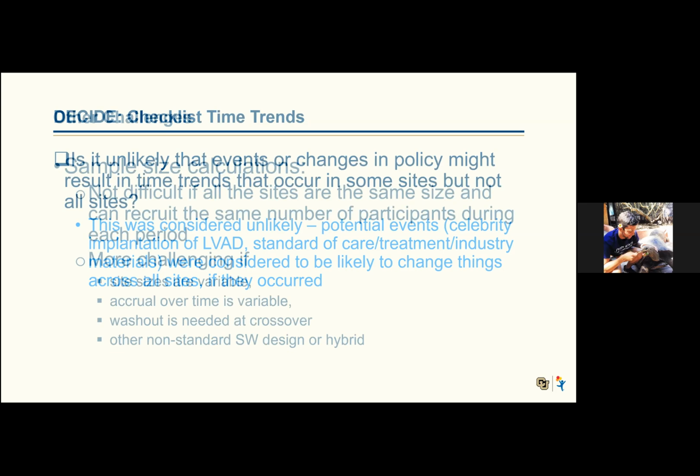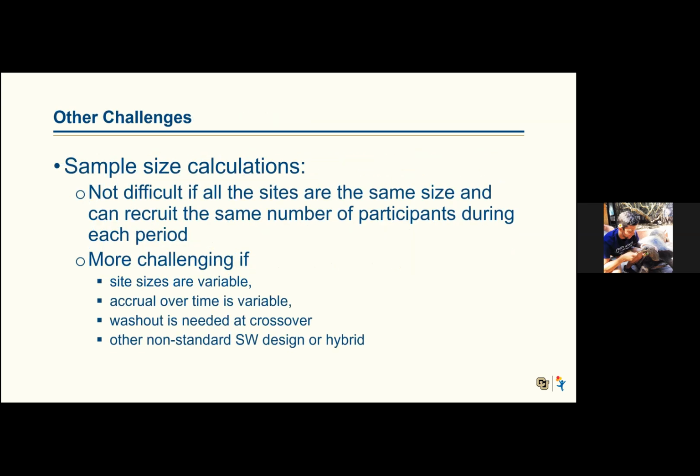So what are some of the other challenges that weren't on my checklist? Sample size calculations are pretty straightforward if all the sites are the same size and they're all going to have even accrual. But you know that's not going to be the norm. And so the software that's readily available makes this assumption.